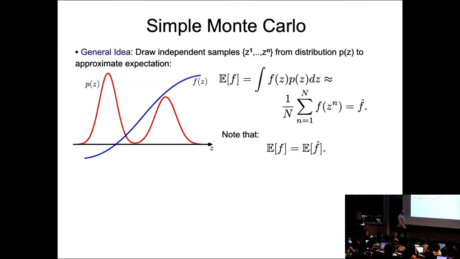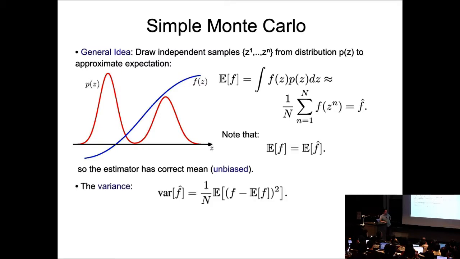And I can prove that the expected value of f equals the expected value of f bar, or f hat here, my estimator. So I have an unbiased estimator here. Okay? So the estimator has the correct mean. It's a heavily used method anytime you have some high dimensional integrals that you need to estimate. You can construct an importance sampling algorithm from it.